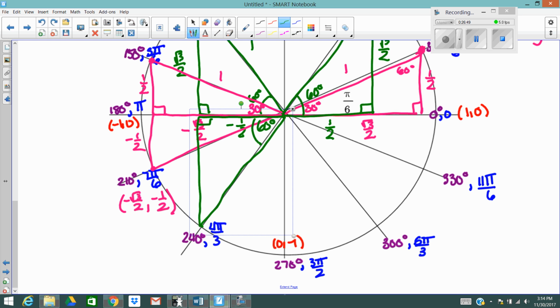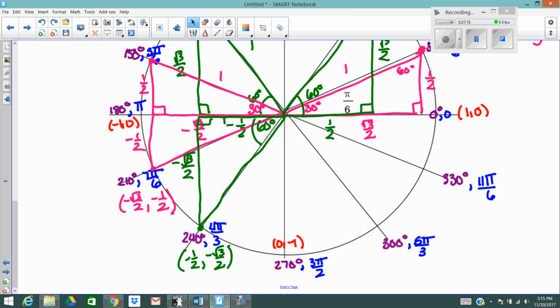So my hypotenuse is 1. Adjacent is negative 1/2. Opposite is negative square root of 3 over 2. So my point has a cosine of negative 1/2 and a sine of negative square root of 3 over 2.